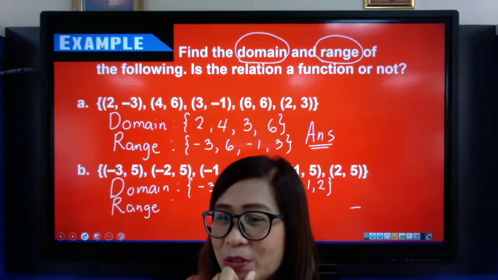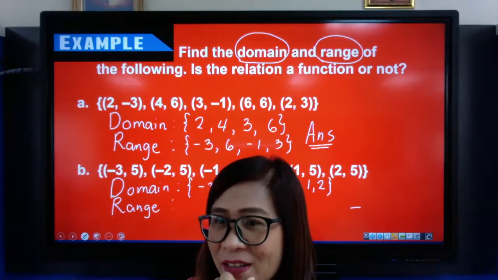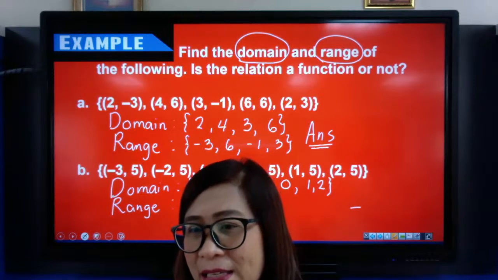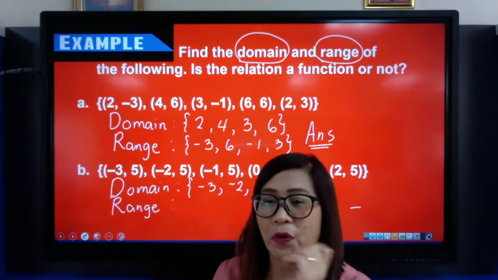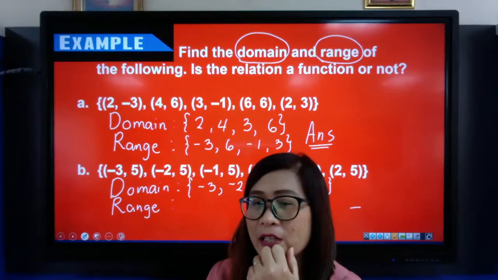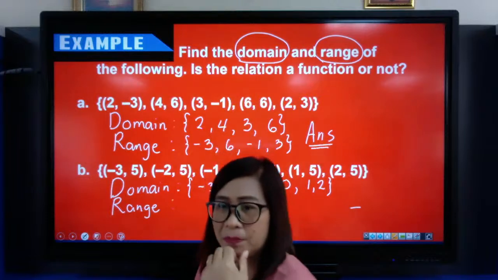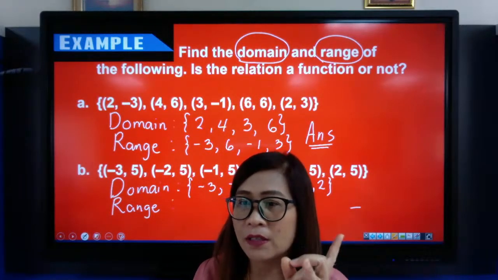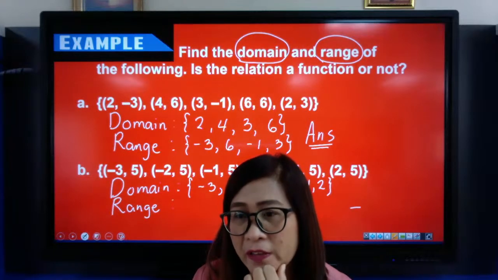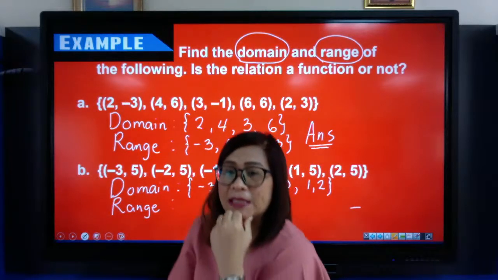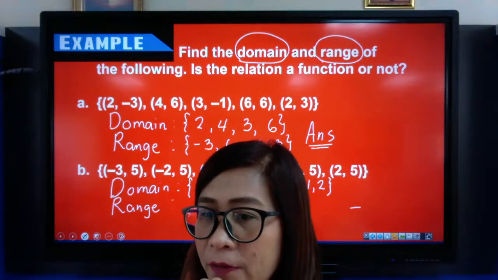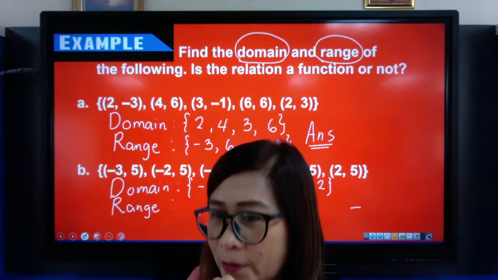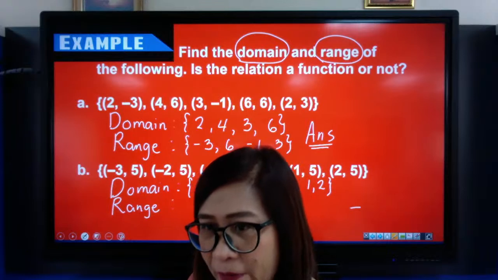Correct. Room 2, number 38, correct. Who is this? Your answer is wrong. If your answer is 5, it's wrong. It should be inside the set. Room 4, number 18, wrong. Room 1, number 10, it is wrong. Something is missing. Set of 5, correct. Very good.